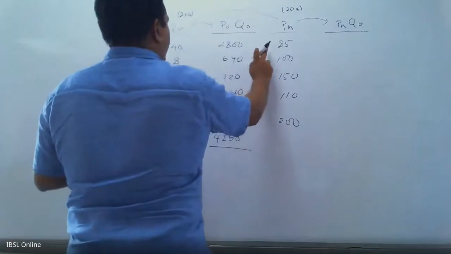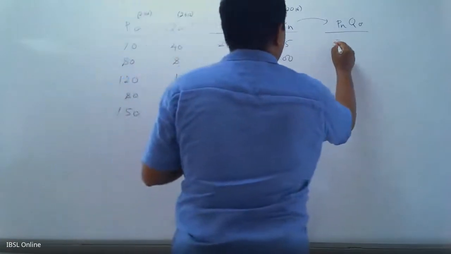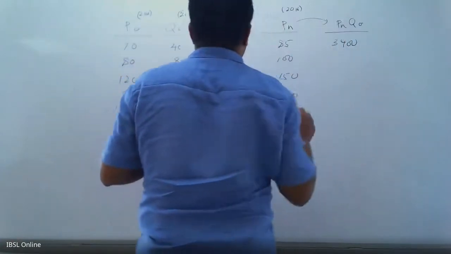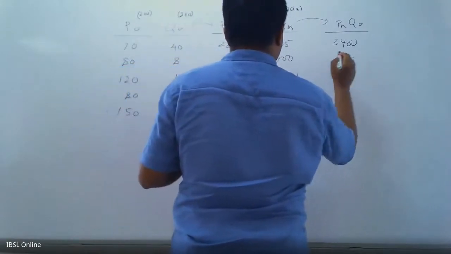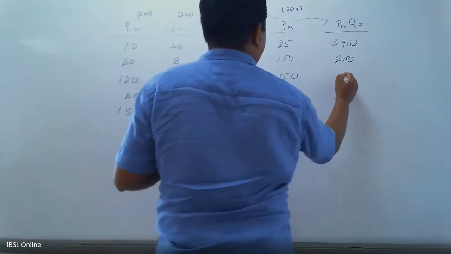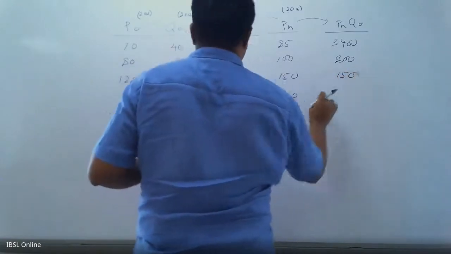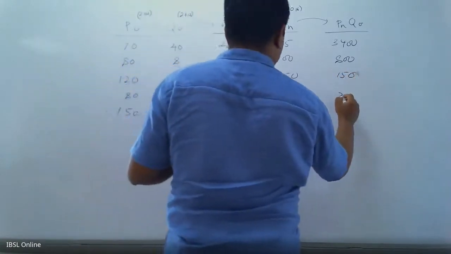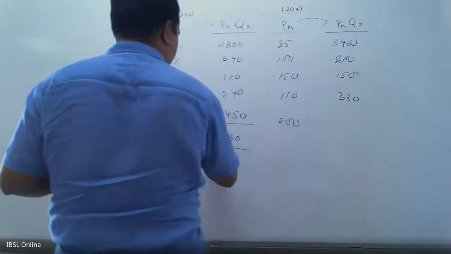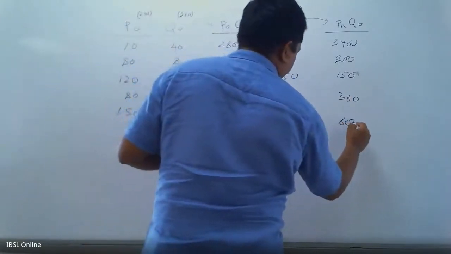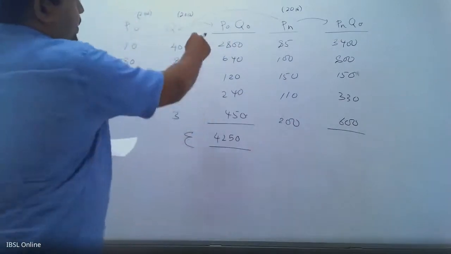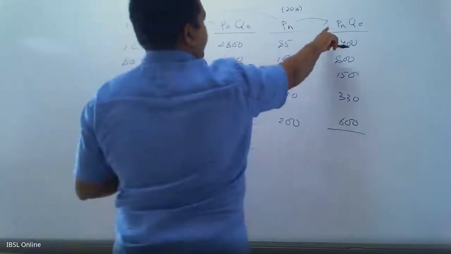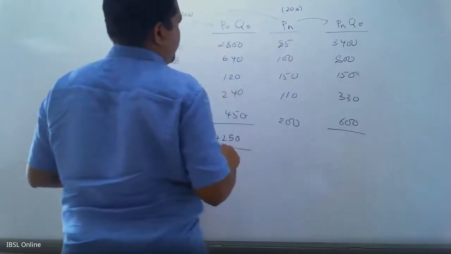40 into 85 should get somewhere around 3,400, 800 here, 150, 330 and 600. Similarly, for P0 Q0, now I have computed Pn Q0.